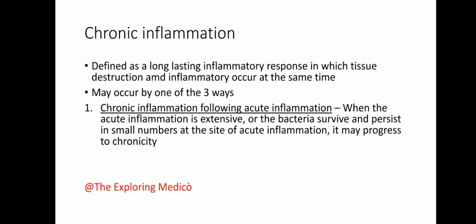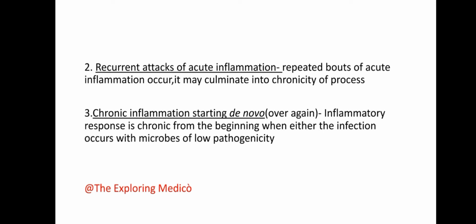First, chronic inflammation following acute inflammation. When the acute inflammation is extensive, or the bacteria survive and persist in small numbers at the site of acute inflammation, it may progress to chronicity. Second is recurrent attacks of acute inflammation.